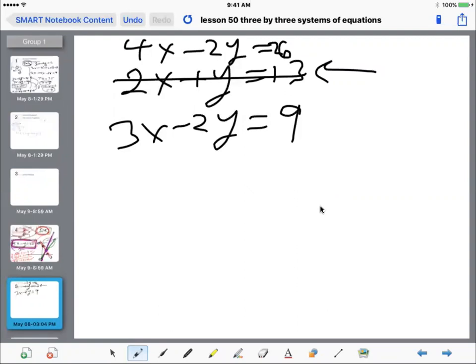Well, you could, if you turn this original one into slope-intercept form, you get that. What would happen if you turned this new equation, the 4x minus 2y equals 26, into slope-intercept form? And Youssef is right. Nothing happens. The graph stays exactly the same.